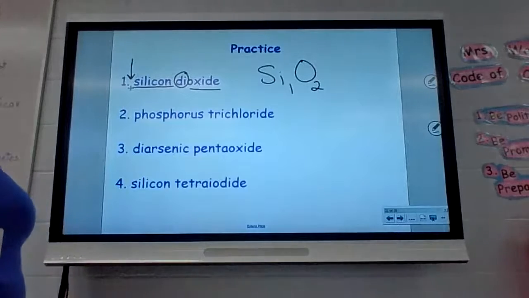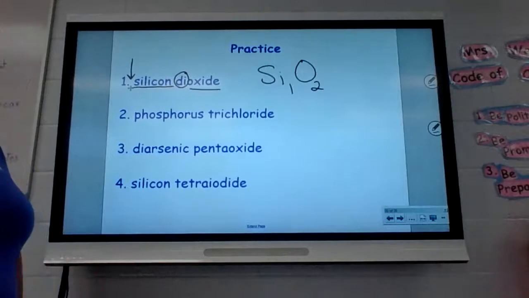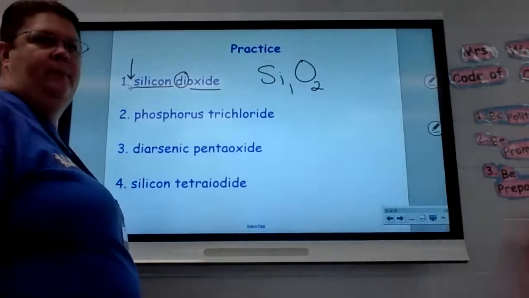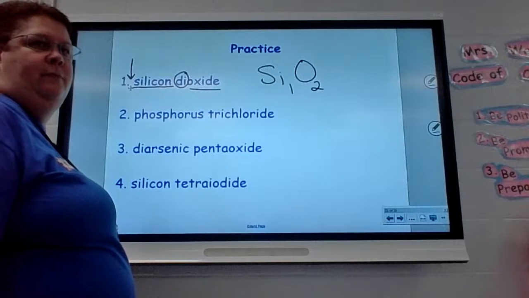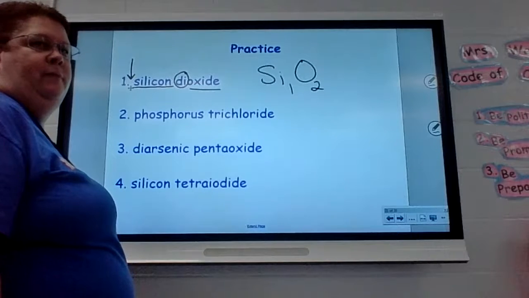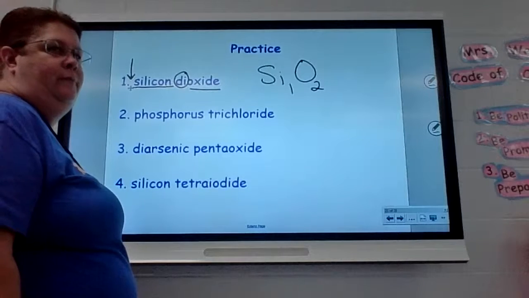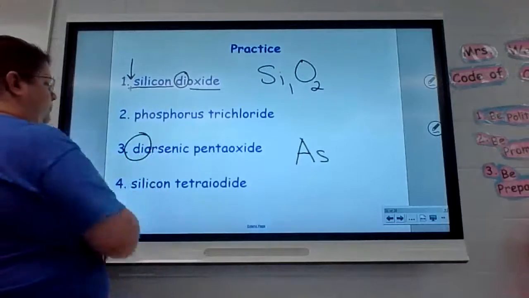You with me? All right, so diarsenic pentaoxide, Xavier. All right, what's arsenic? Use your periodic table. It's number 33. Okay. What does this tell you?